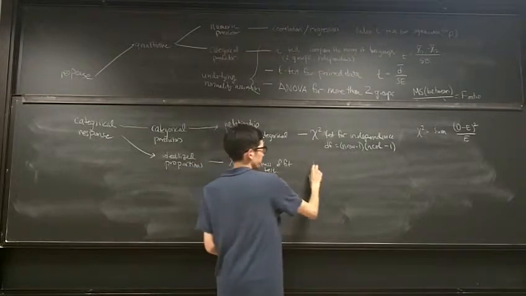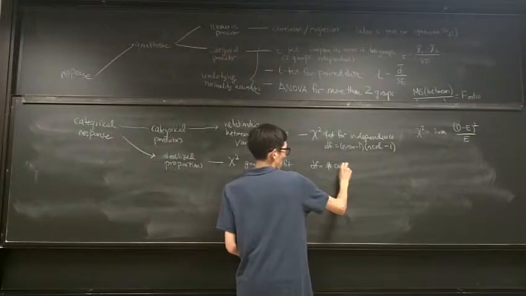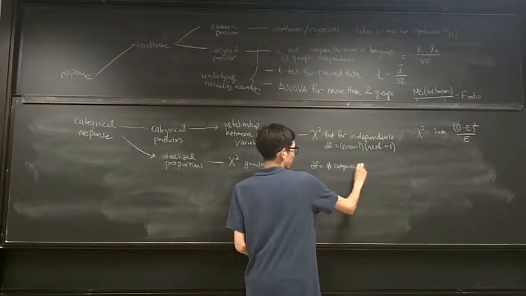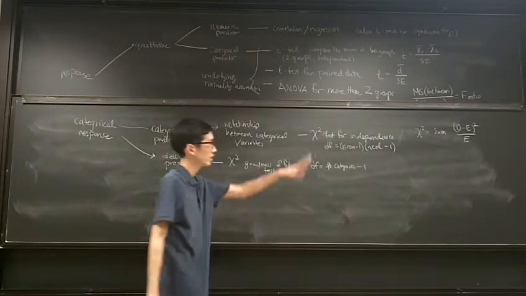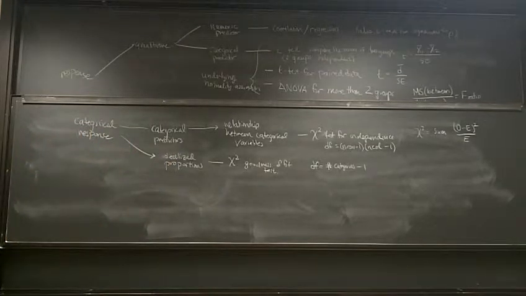Our degrees of freedom is the number of categories minus 1, and our chi-squared statistic is still observed minus expected squared over expected.